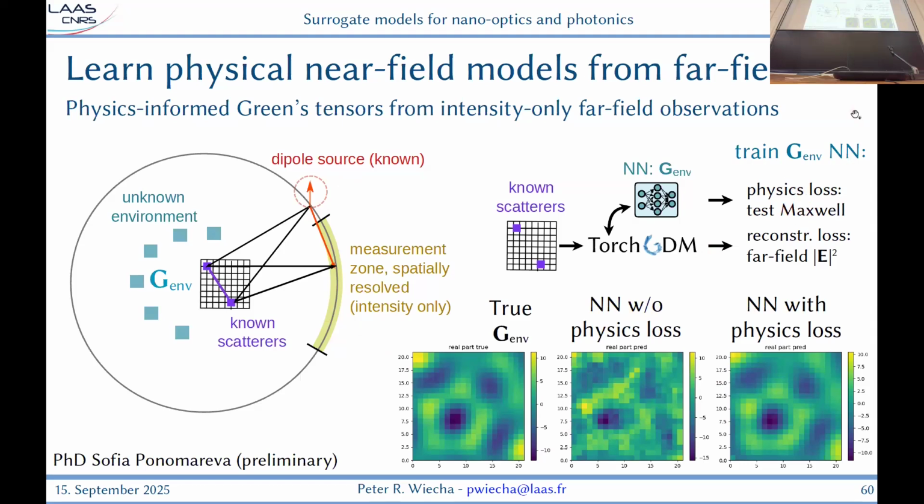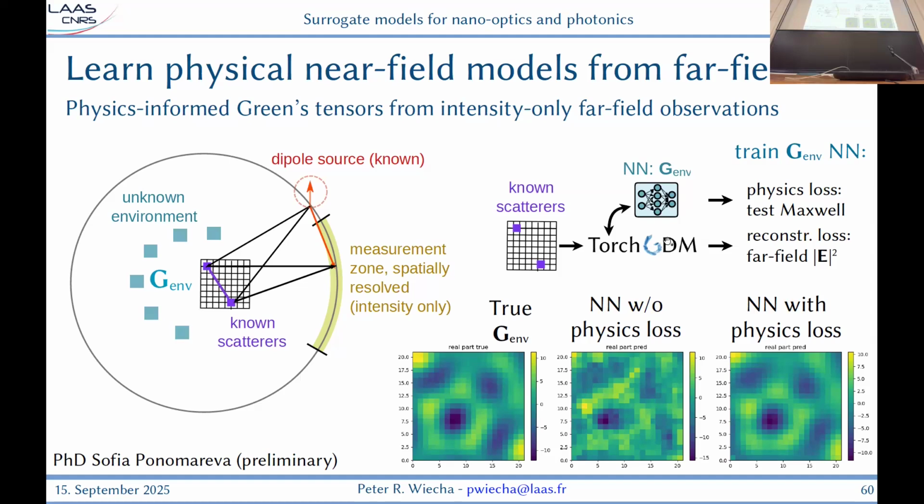We can calculate derivatives of our fields, for example, and test if they are valid with respect to Maxwell's equations or Helmholtz equations. So we added this physics loss, where we tested if the predicted complex fields, which we cannot measure but can calculate, are valid within the Helmholtz equations, and if there's an error, we minimize it as an additional training target.